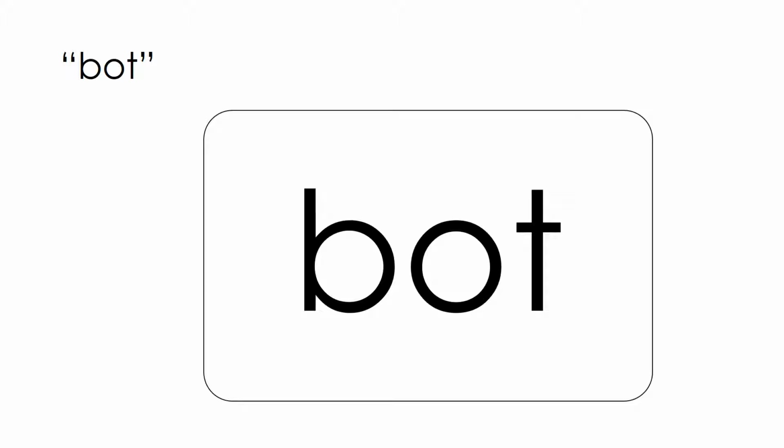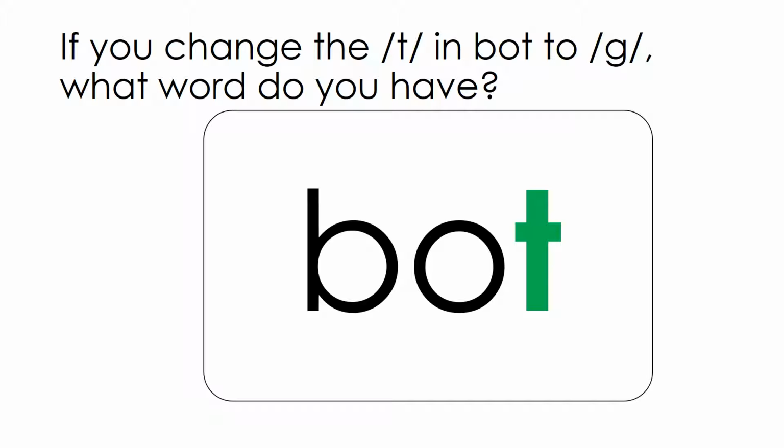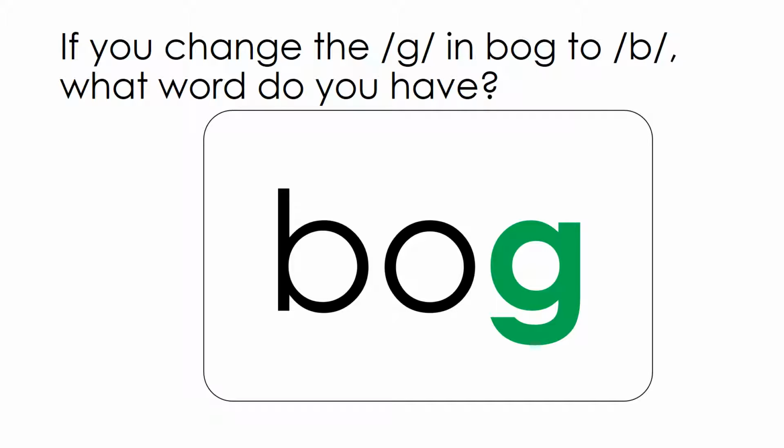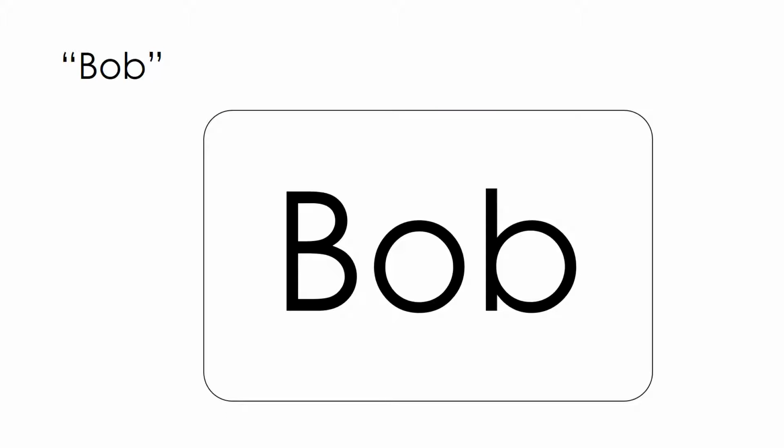Bot. If you change the T in bot to G, what word do you have? Bog. If you change the G in bog to B, what word do you have? Bob.